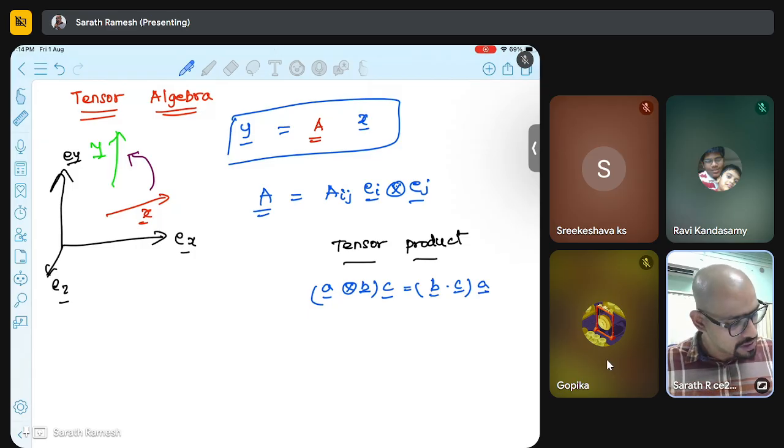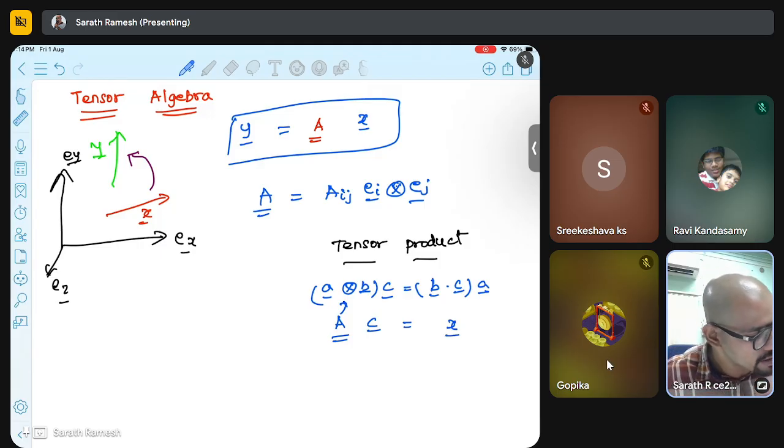Here, suppose A is a tensor product b, and this is c. This will be given by some x. Because b dot c gives us a scalar, and a scalar times a vector gives us a vector, the right-hand side is a vector.